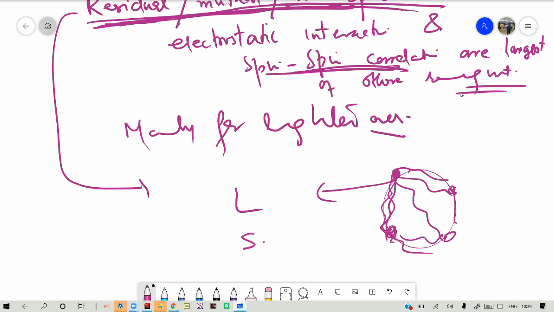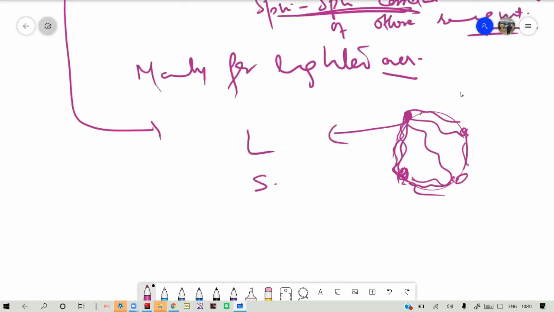That is why these interactions in lighter atoms are of reasonable magnitude. Then to calculate the energy, we need to calculate the L of all the electrons and the S of all the electrons.